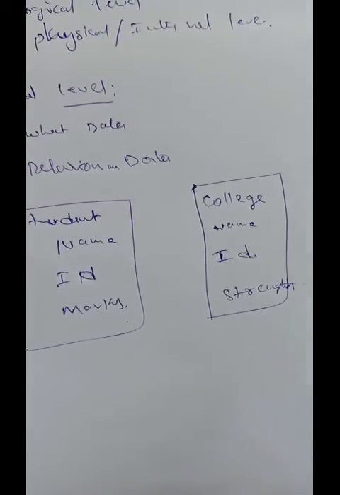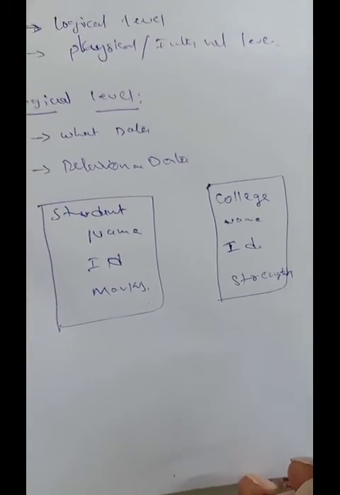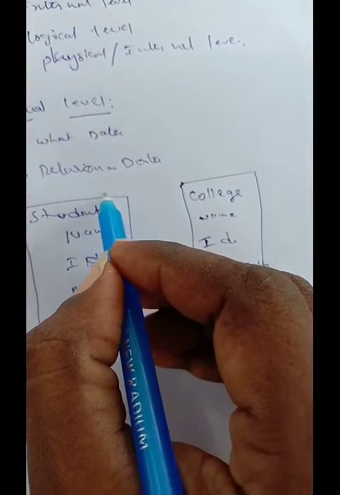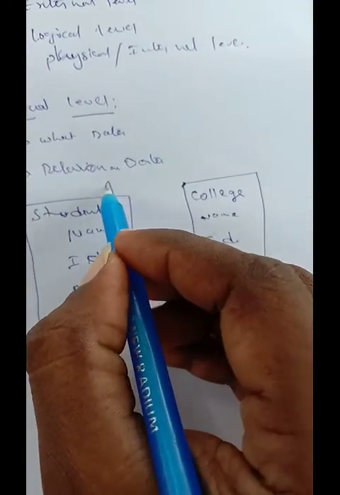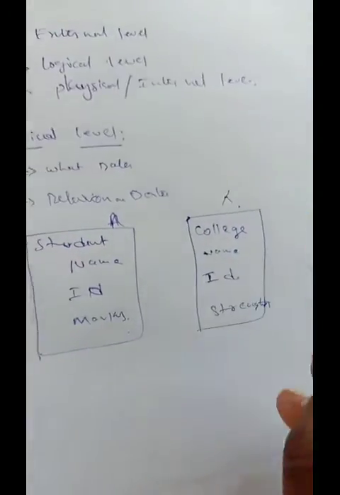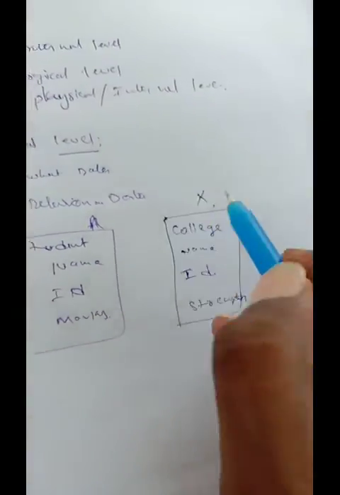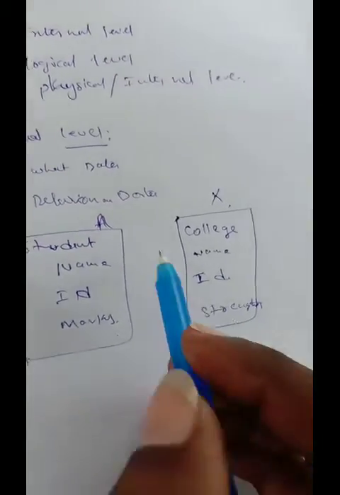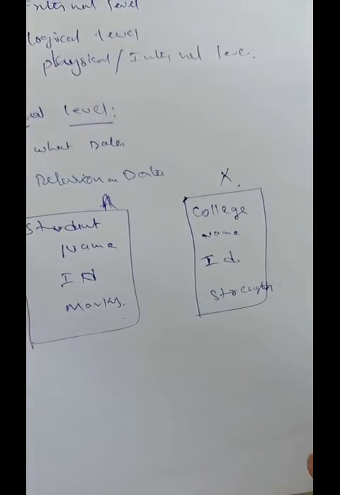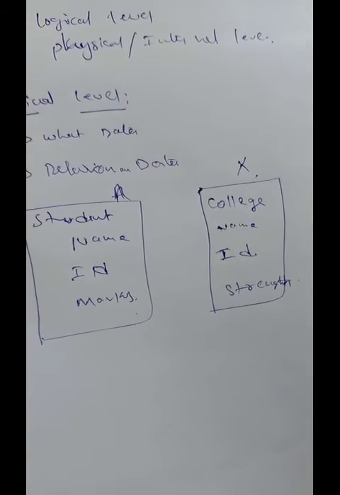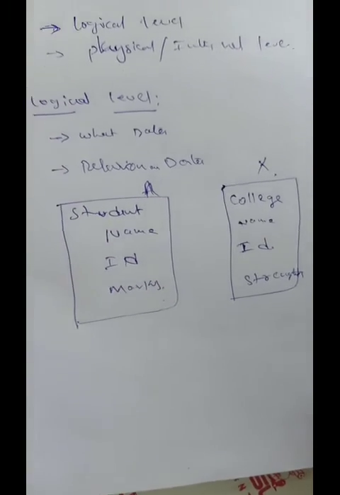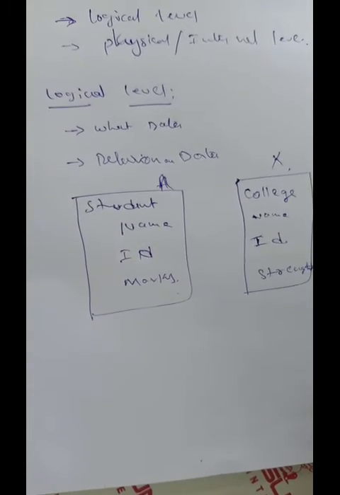The relation between these two is that a student, say A, goes to X college, and he studies in this college in some branch. Whatever relations are presented are dealt with by the logical level.